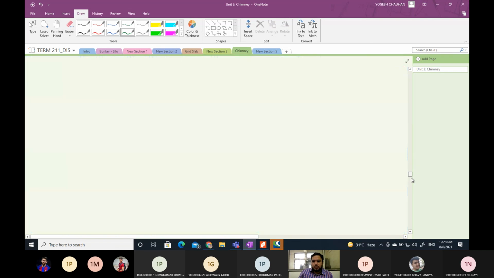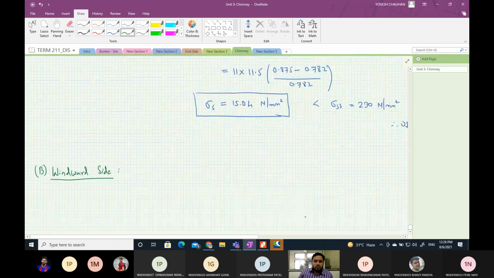Same as leeward side, but with a different formula derived in our theory class. We'll find the stress in concrete and steel for the windward case. But we stop here, and in the next class we'll discuss the stresses in the windward side.